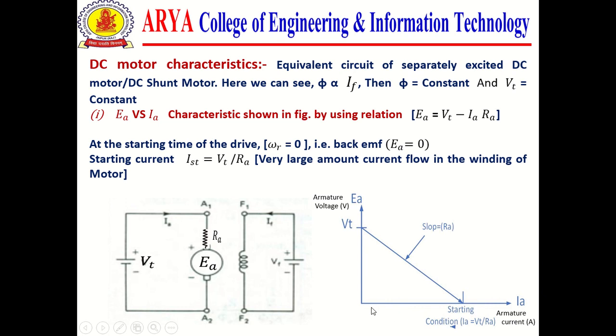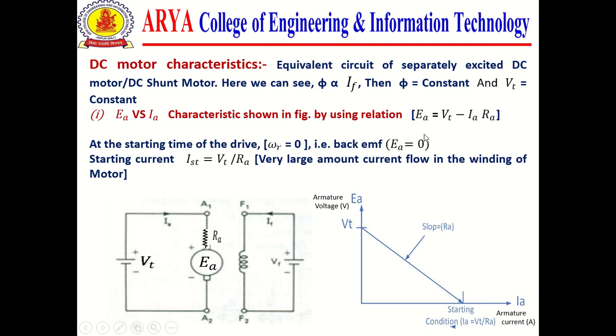But when we increase the armature current, the drop across the armature winding increases, so the armature voltage will be reduced with a slope of Ra. You can explain this mathematically as y equal to mx plus c, where the slope is Ra.